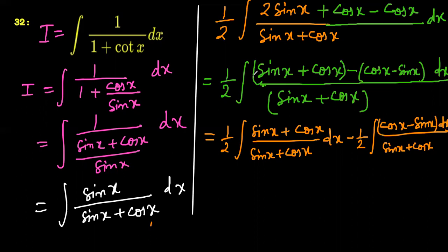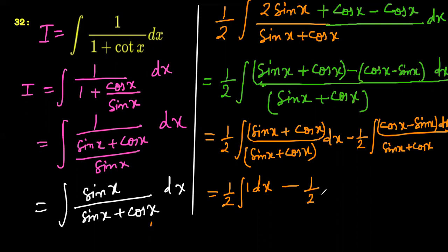We're just splitting this function inside the integral into two parts. In the first part, the numerator and denominator being the same will get cancelled, so we get half times the integral of 1 dx, and minus 1 by 2 times the second part.